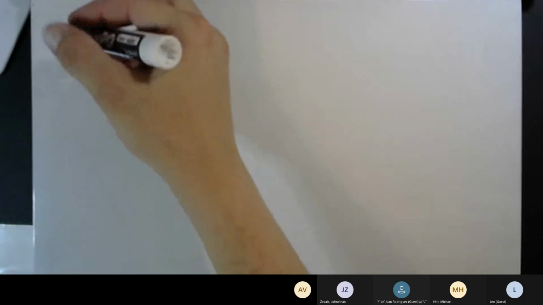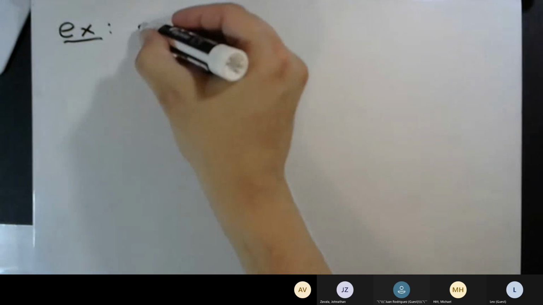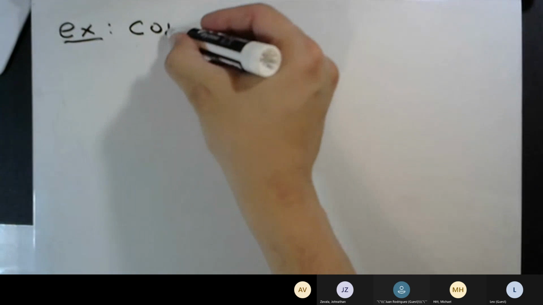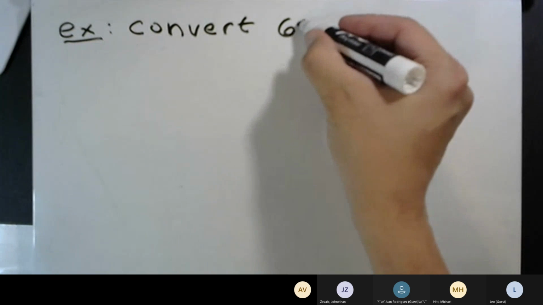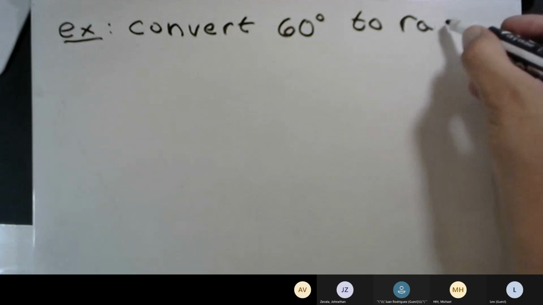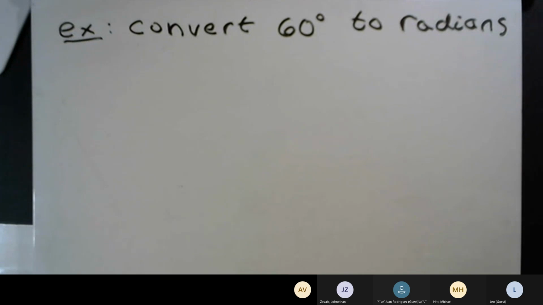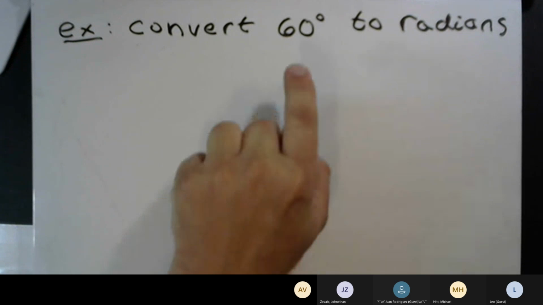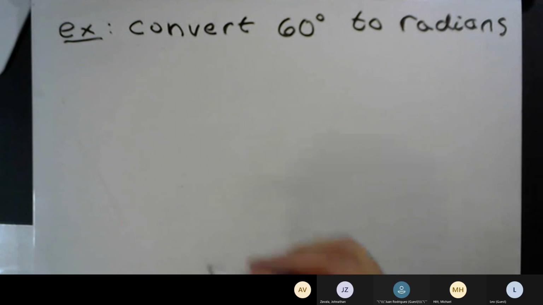Let's say we have this: convert 60 degrees to radians. Because again, let's say you're measuring something and you're going to use some trigonometric formula, but gosh darn it, they want the angle in radians instead of the 60 degrees that you worked really hard to measure. Well, we'll just convert it.